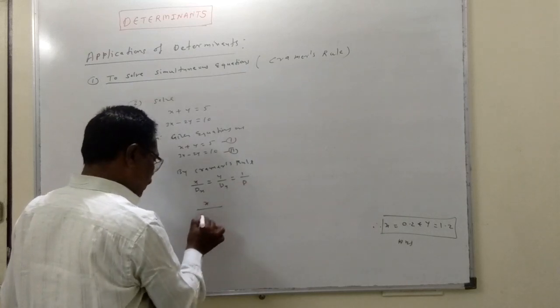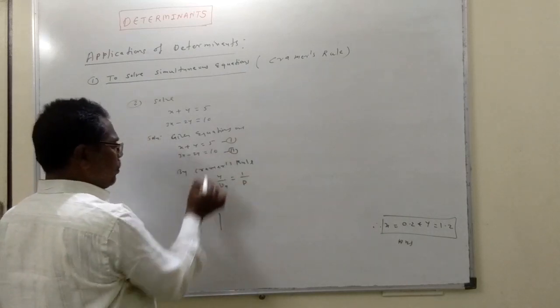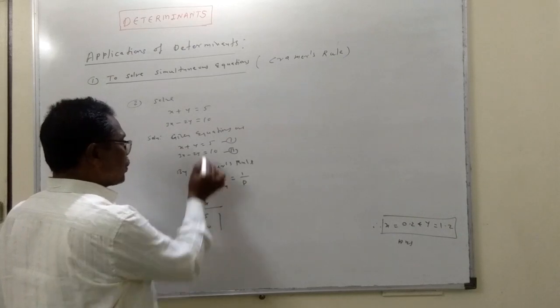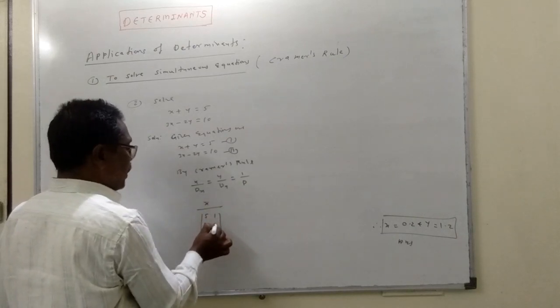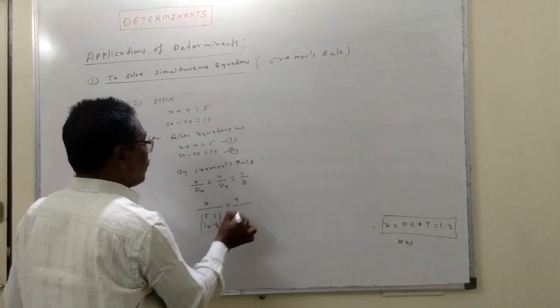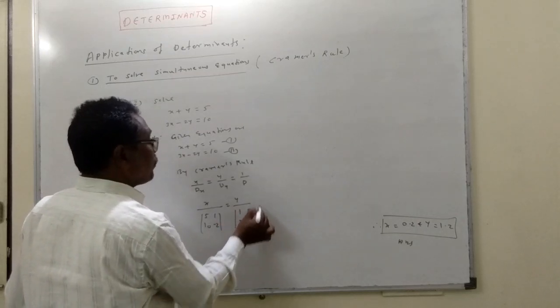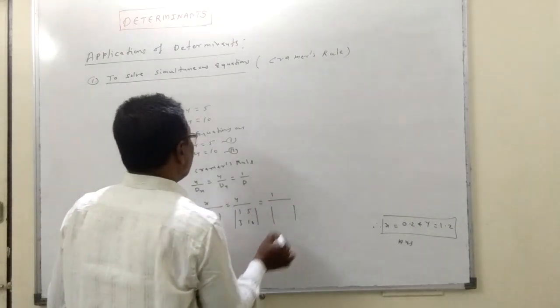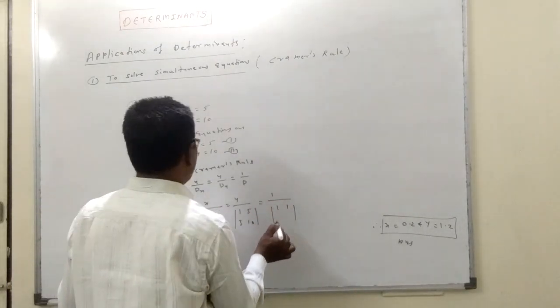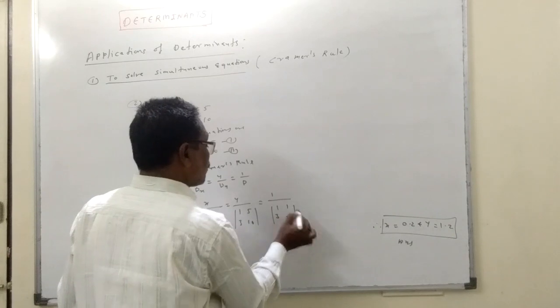So x upon dx: the first column is replaced by the constants 5, 10, and 1, minus 2. Y upon the determinant: the second column is replaced, so 1, 3 and 5, 10, and 1 upon 1, 1, 3, minus 2.